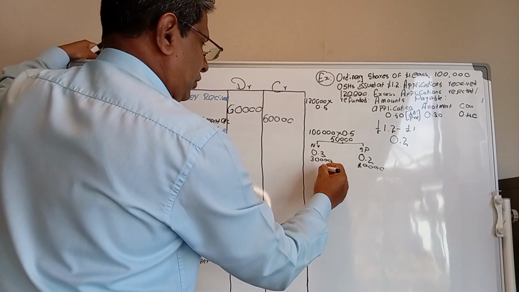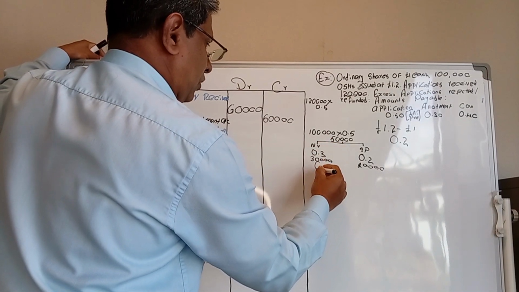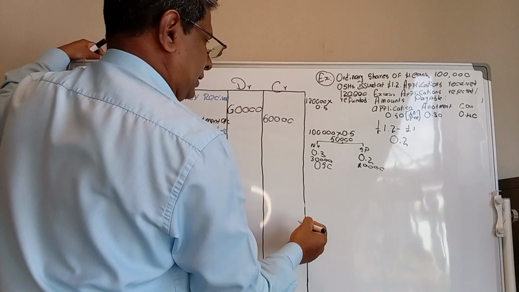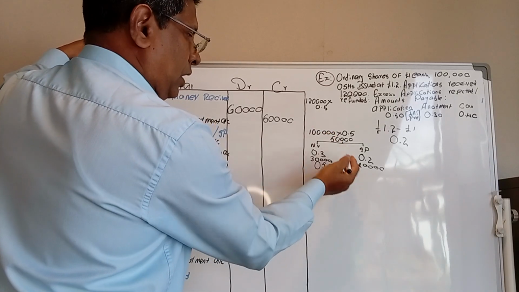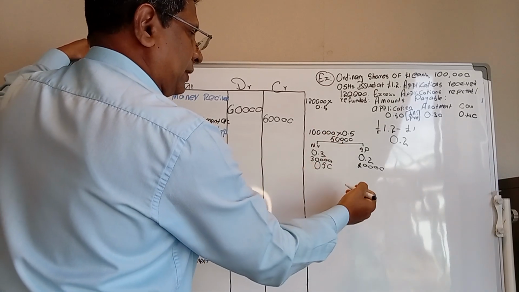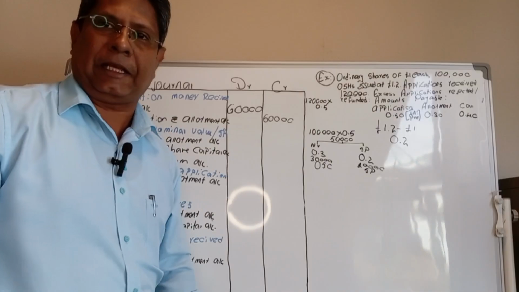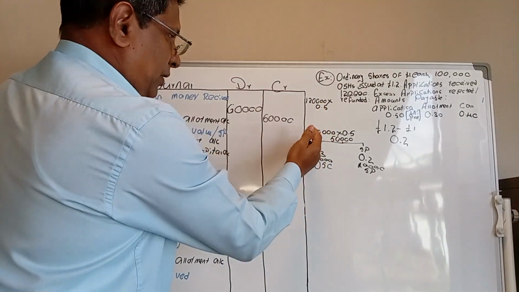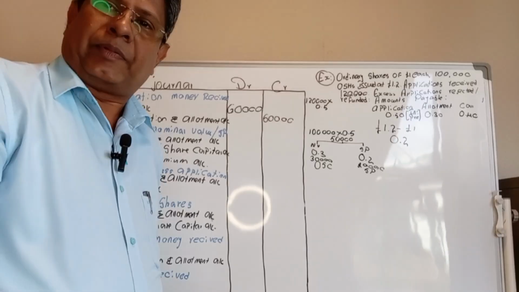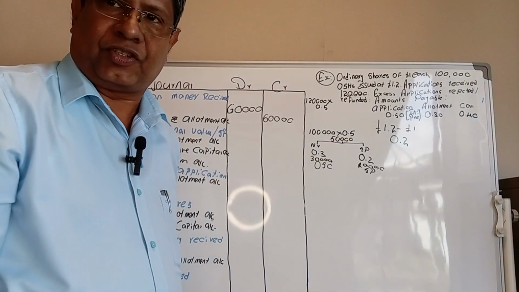Remember, the nominal value will always go to the ordinary share capital. Share premium, of course, has to go to the share premium account.